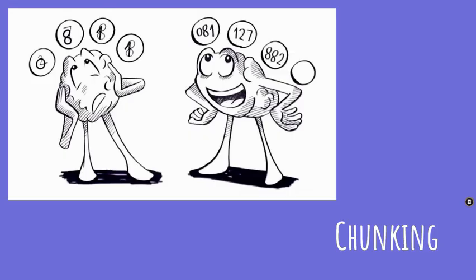So this is a lot of times also something that I tell you to do in your notes. Put like information together. Put it into a chunk, into a box, into a group. So rather than memorizing 8 different vocab terms, you can memorize 2 chunks of information that go together. Anytime we can put larger amounts of information into smaller segments, the better off we're going to be for memorizing that information. So, for example, we learned about the brain, right?